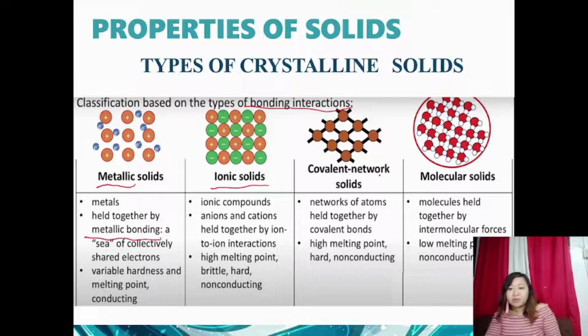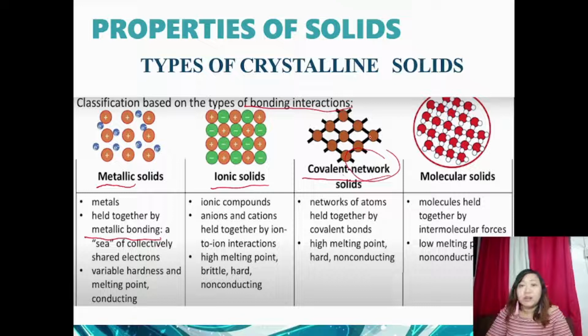Next, we have covalent network solids. They are composed of a network of atoms held together by covalent bonds. They have a high melting point, are hard, and non-conducting. So the keyword in covalent network solids is a network of repetitive atoms, such as allotropes of carbon.